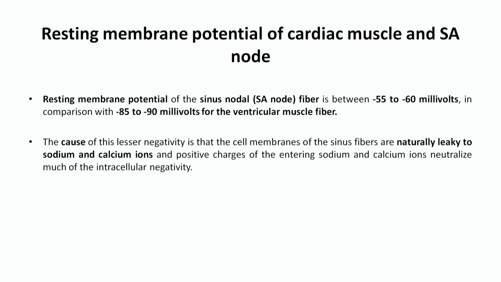The cause of this lesser negativity is that the cell membrane of the sinus fiber has naturally leaky sodium and calcium channels. Once these sodium and calcium channels open, that is the main reason for the lesser resting membrane potential of the SA node.